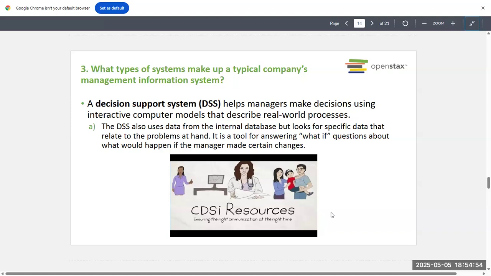Do you want to sift through all that data? No, right? So you need to know what you're looking for. Decision support systems help with that as well, okay? And some of them have what-if scenarios or tools that help you change certain numbers or ideas and manipulate them to see, if this was the best case scenario, what would happen? If this was the result, where would we be? Okay.